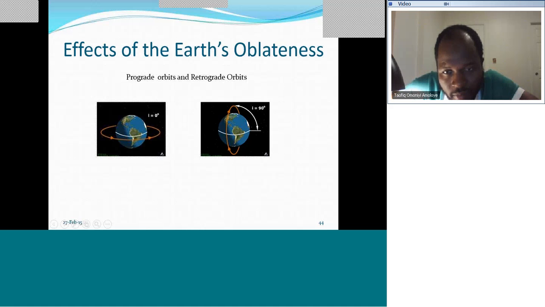So that's a prograde orbit. When you have the orbit inclined at angles greater than 90 and less than or equal to 180 degrees, the orbit is just going to be in that manner, in the other direction. So that's a retrograde orbit.